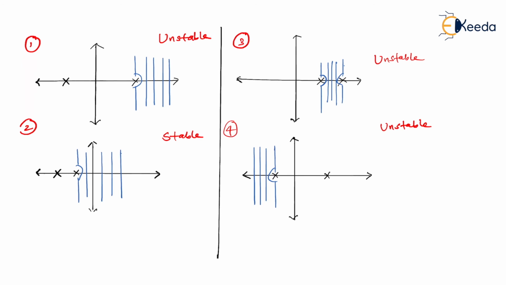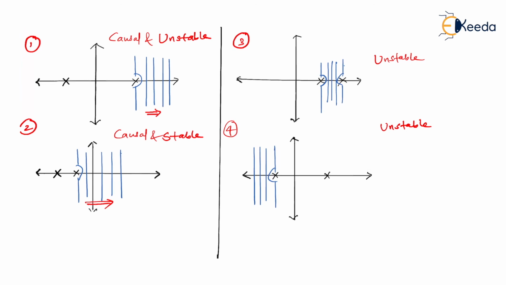Along with this, we will identify the causality also now. See, for first example, if you can see, the ROC is towards right hand side with respect to our poles, then it is causal. So system is causal as well as unstable. In second example, again ROC is present to the right hand side, therefore it is causal and stable.